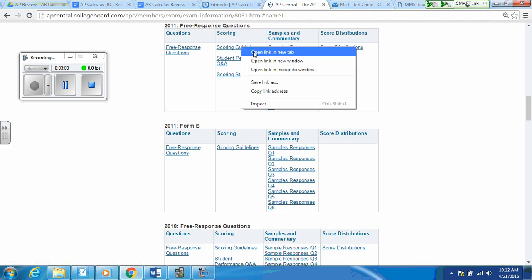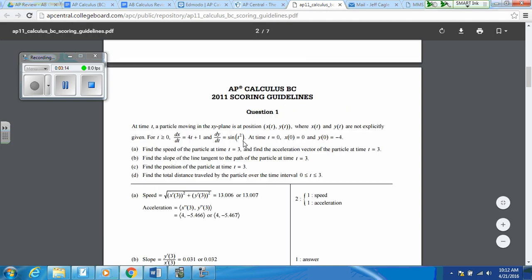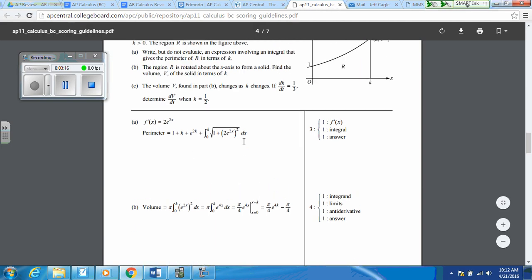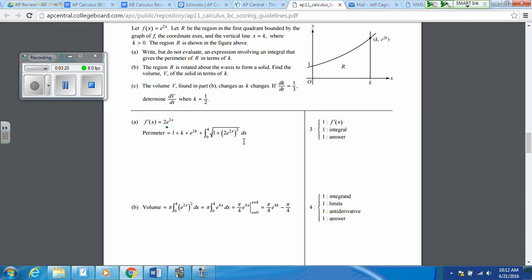Why won't that pull up? There we go. They scored this 1 point for simply finding f prime as 2e to the 2x, 1 point for setting up the integral to compute the segment above, and 1 point for the entire answer.